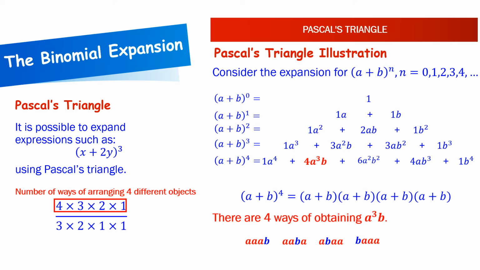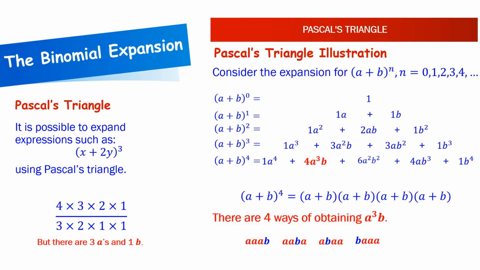Notice that there are 4 times 3 times 2 times 1 way of arranging 4 different objects. However, in our expression, we have that there are 3 a's and 1 b. So any arrangement of 3 a's is going to be exactly the same.